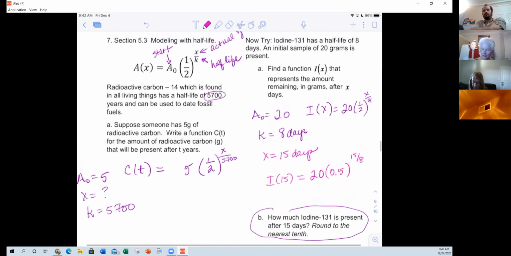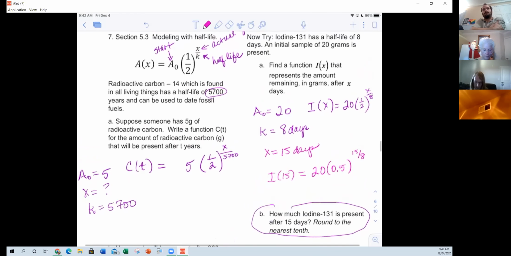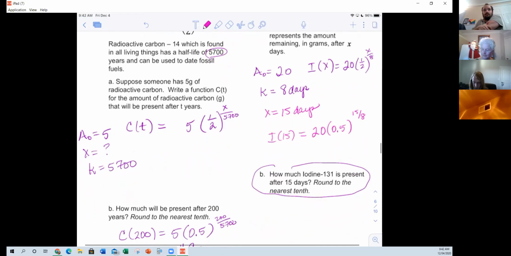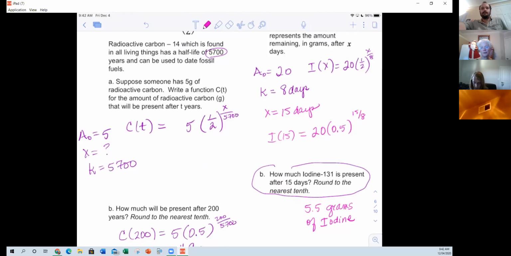And I got 5.5 grams of iodine. Hopefully y'all would tell me if you disagree with that.